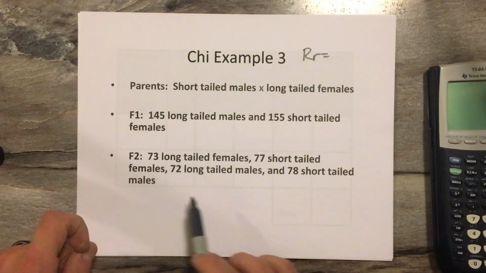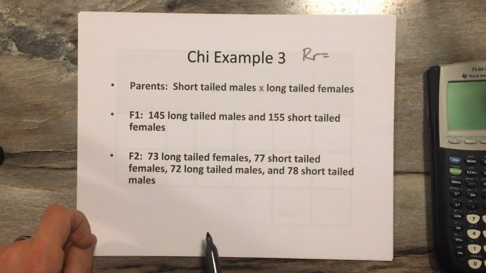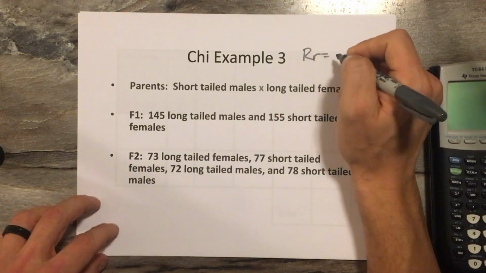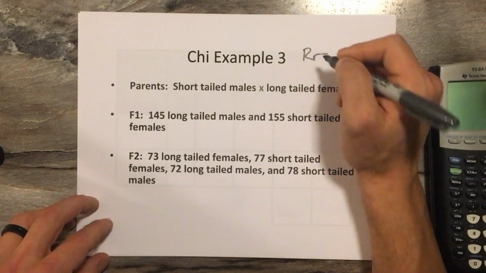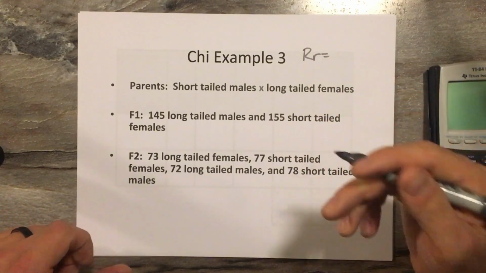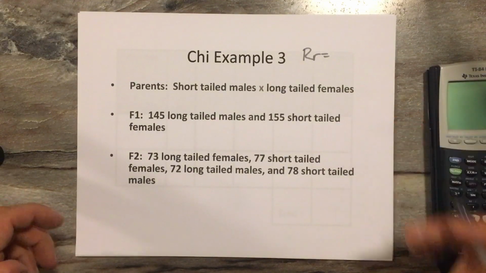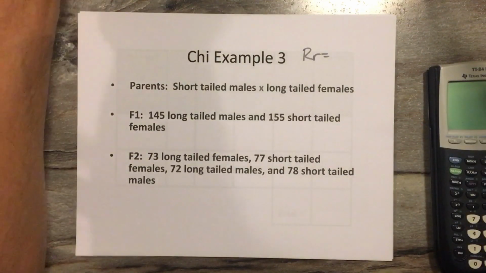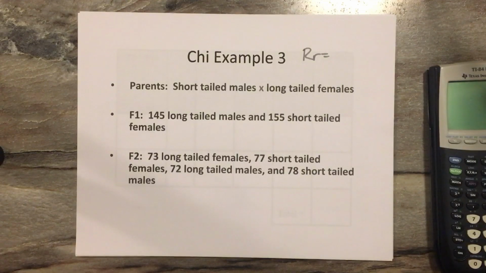It doesn't really make sense because there's no third phenotype here, so we can rule that one out. Also with codominance, remember the heterozygous shows both of them. Well, you can't really show a long tail and a short tail in one. That doesn't make much sense. So we can rule those two out already. We can't rule out regular complete dominance, and we can't rule out sex linked yet. So those are the two we have to test.